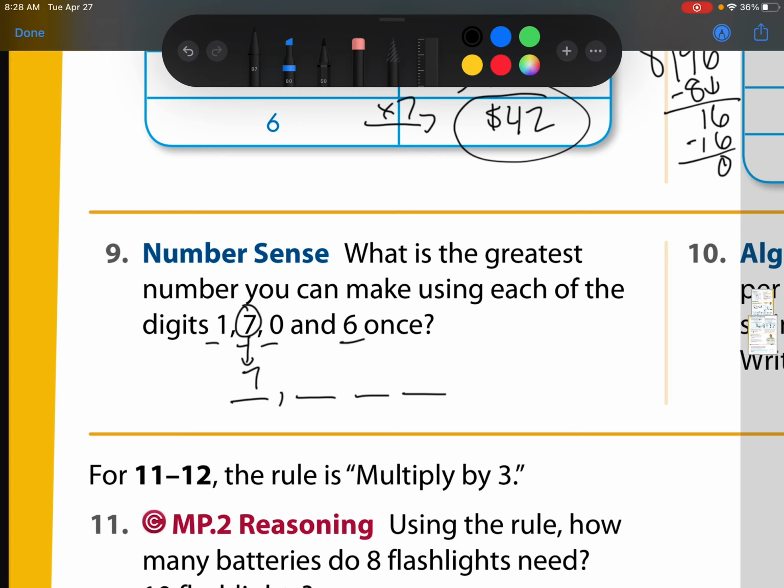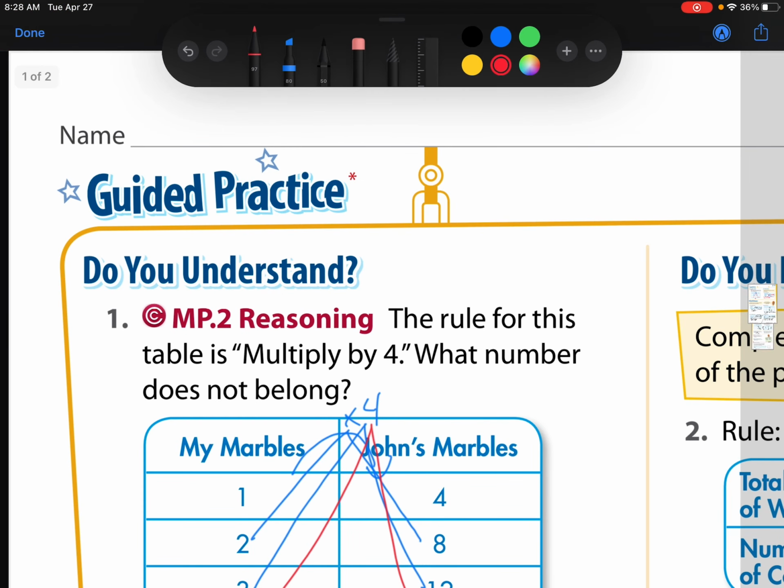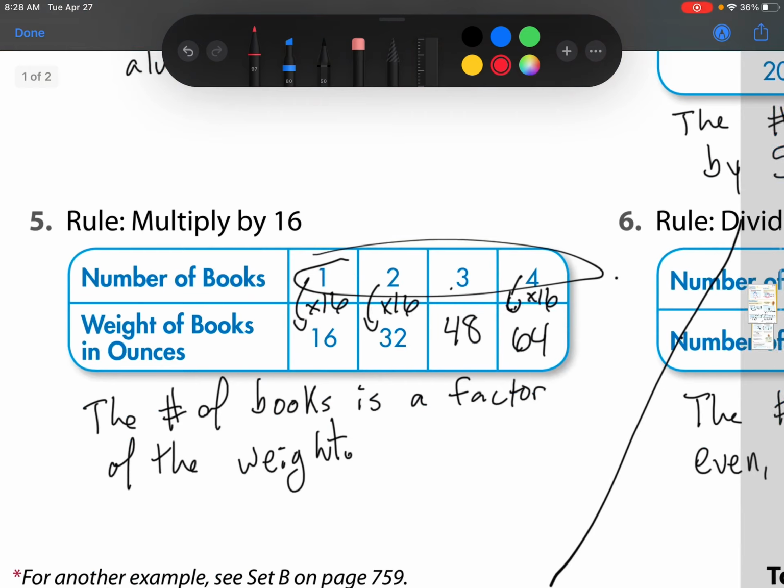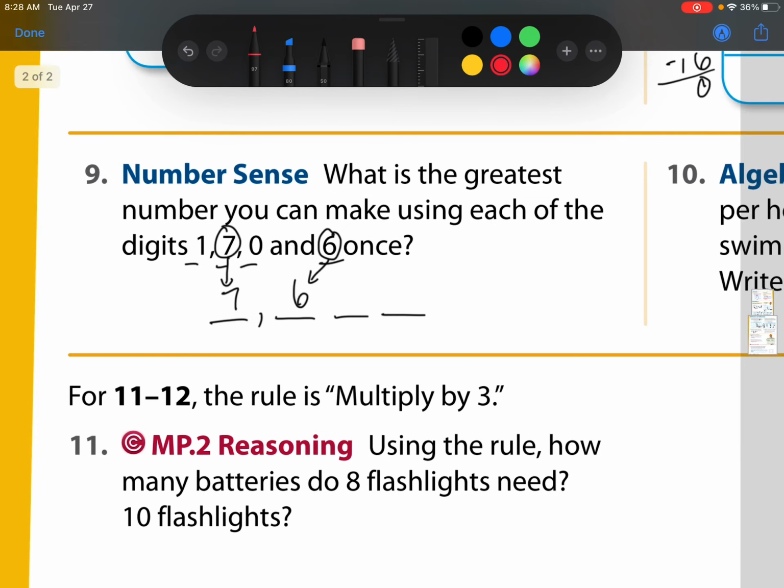We should then have the next largest number in the hundreds place value, since the next biggest. We should then have the next largest number, which is this one, in the tens. So we always want that biggest number in the biggest place value. So our largest number is 7,610.